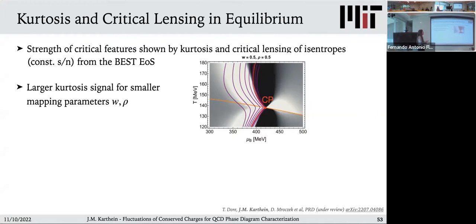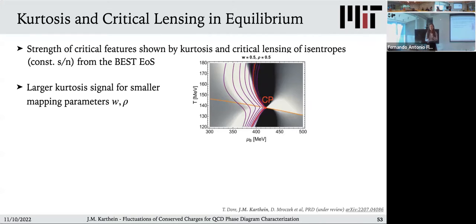Very black regions are large and negative, the white regions are large and positive, and the gray areas are just close to 1. What's also shown on here are trajectories through the phase diagram, which are given by essentially an ideal trajectory where you would have an isentrope, which is constant entropy per baryon number. If you think of an isotherm, which has constant temperature, this is constant entropy per baryon number, which is the case if you have a perfect fluid.